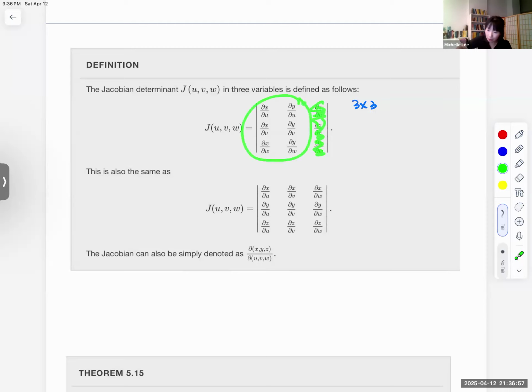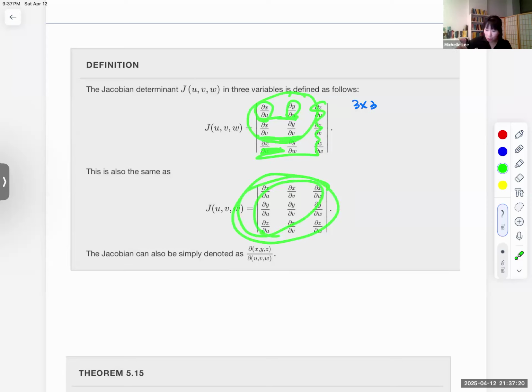So we had this format earlier. Because we're looking at the x equation, y equation, partial derivative with respect to u, and partial derivative with respect to v. But then they say that this is also the same. Let's take a look.